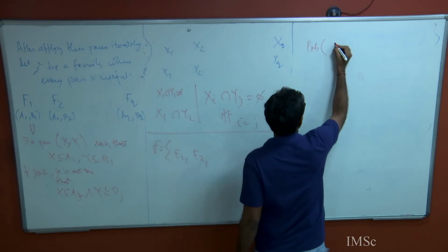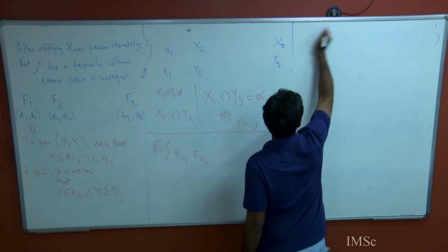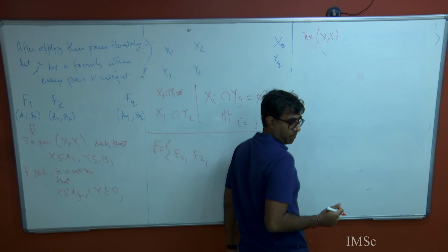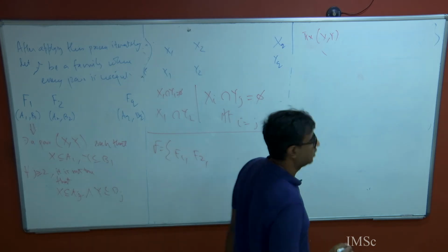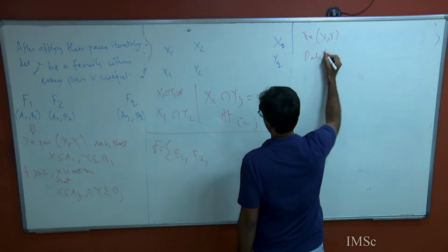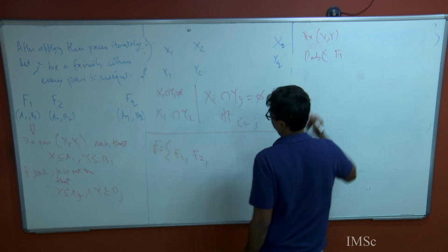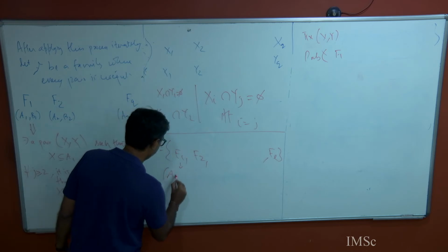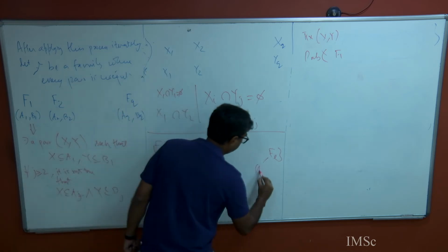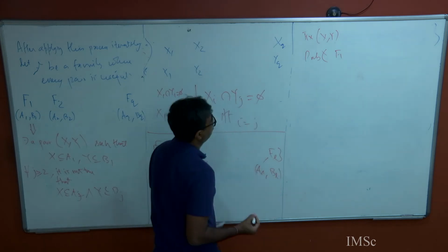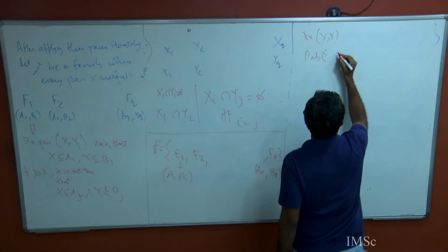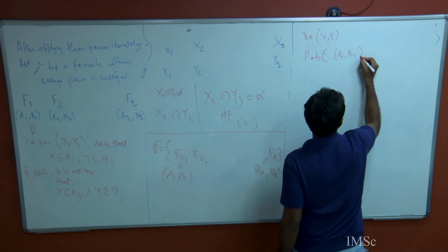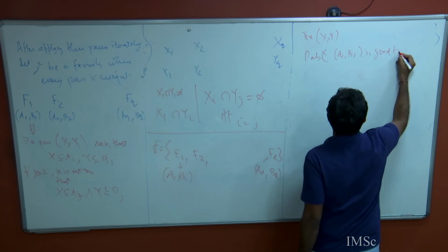Fix a pair x comma y. What is the probability that F1, which we write as A1 B1 through AL BL, has some AI BI that is good for x comma y?